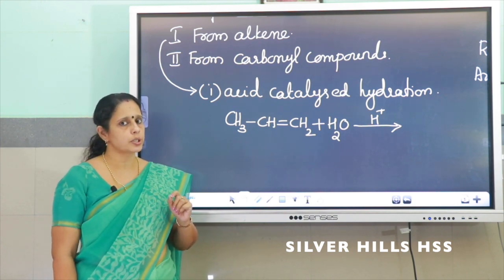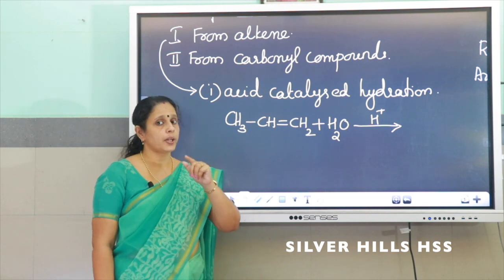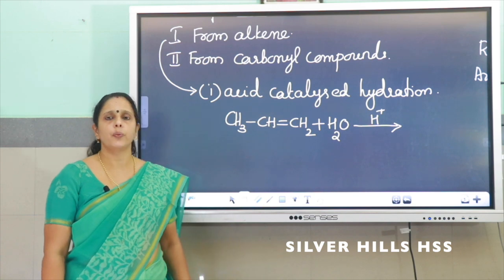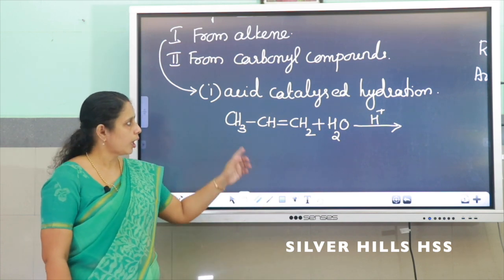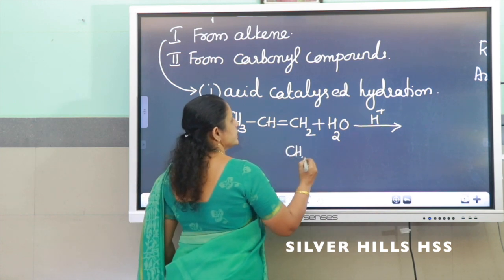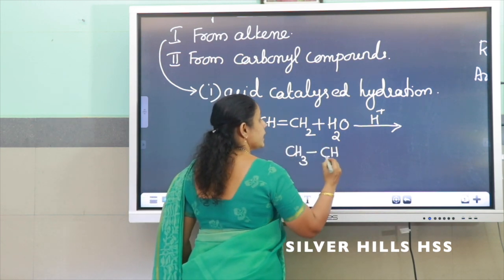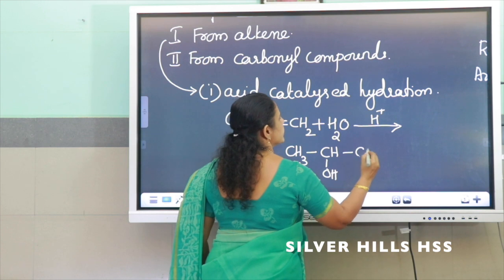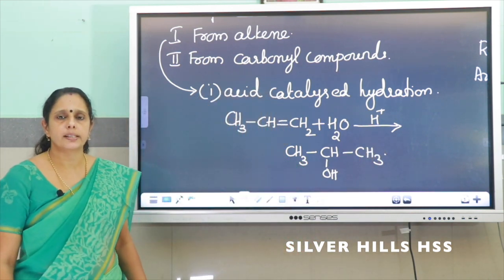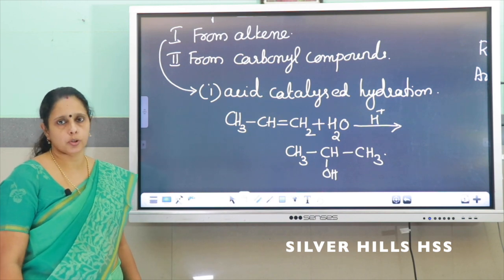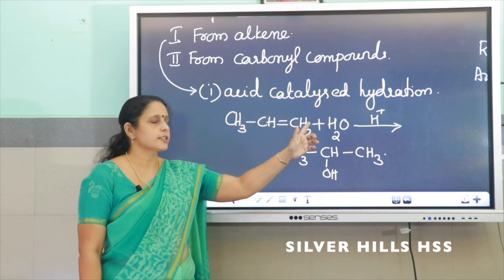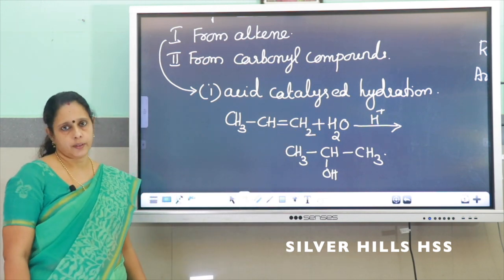According to Markovnikov's rule, the negative part of the addendum goes to the carbon containing less number of hydrogen atoms. So, the major product is CH3CHOHCH3, that is, propan-2-ol is the main product obtained when propene undergoes hydration in presence of an acid.